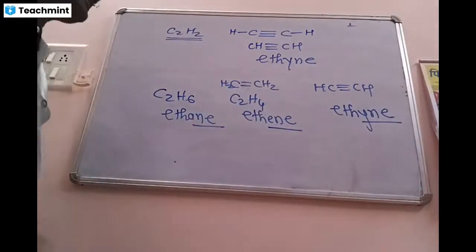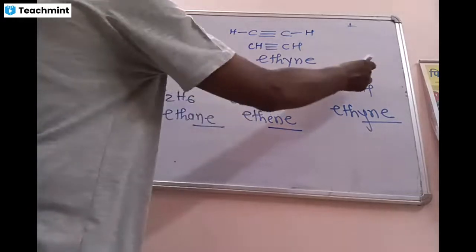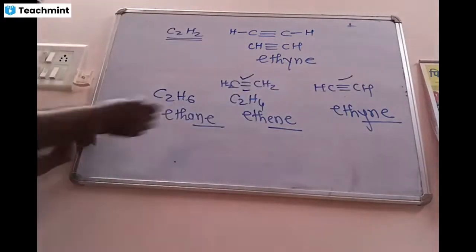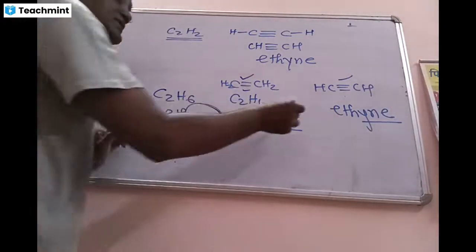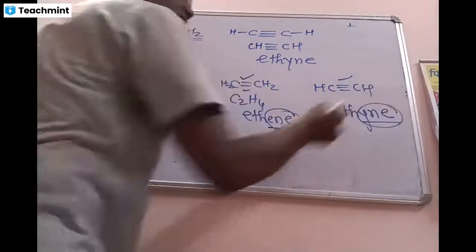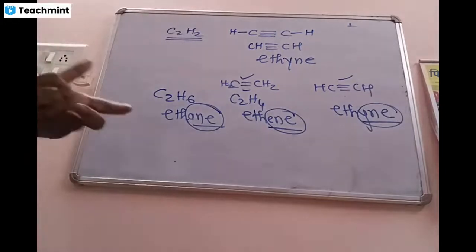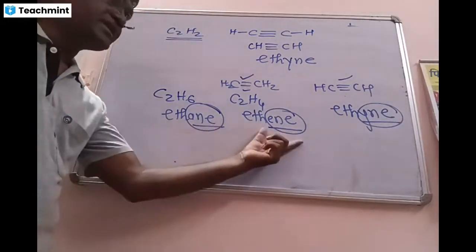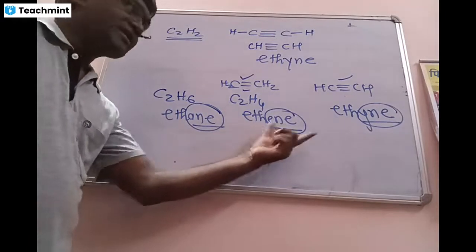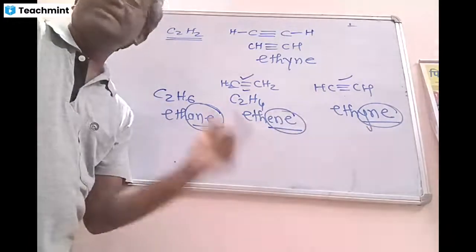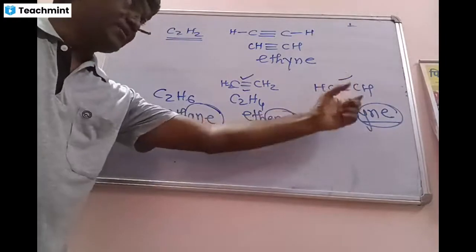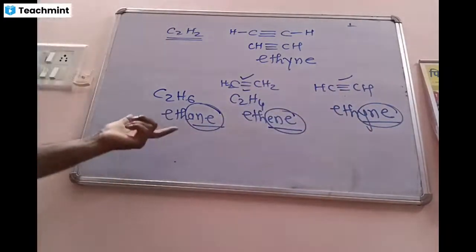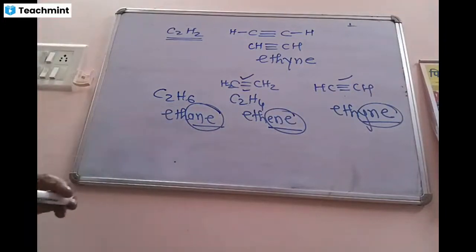When you write the structure, there should be clear visibility of the double or triple bond or the carbon-carbon single bond. Then only can you write the suffix. ANE for carbon-carbon single bond, ENE for double bond, and YNE for triple bond. You got the differences?